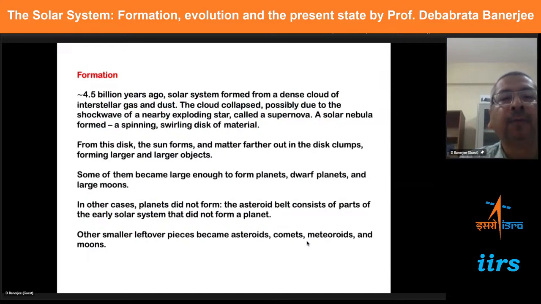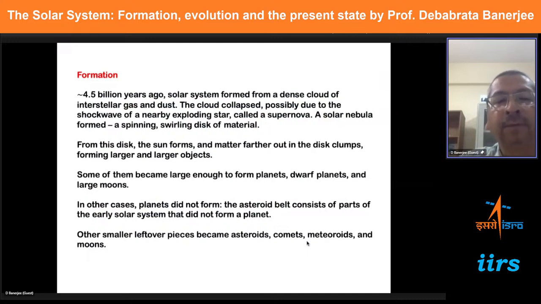From this disk around the protostar, you have the formation of planets, dwarf planets, and large moons. In some cases, the planets did not form, and therefore you have bits and pieces which constitute the asteroid belt.